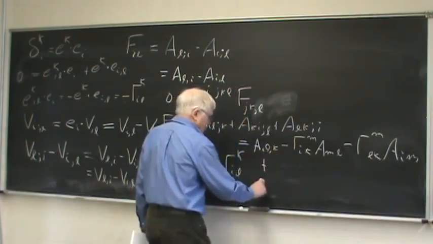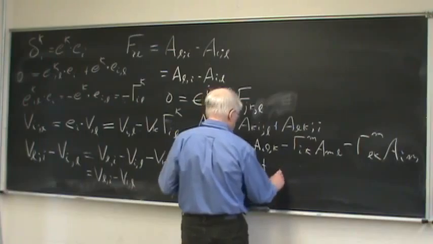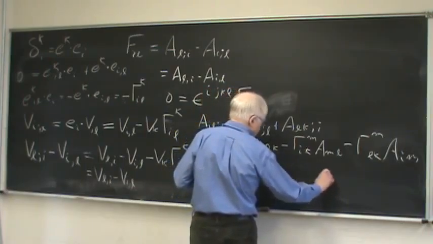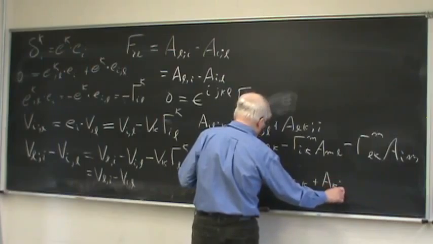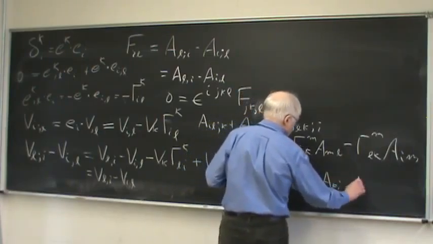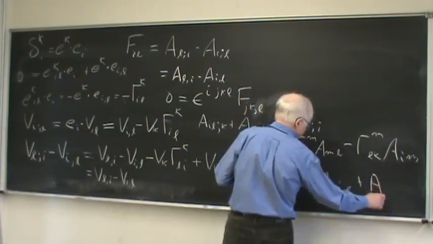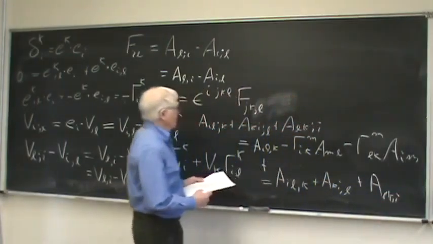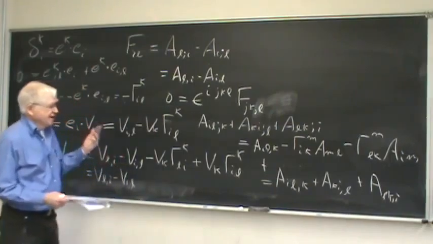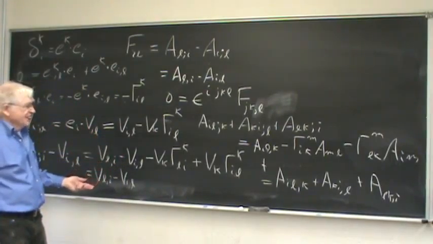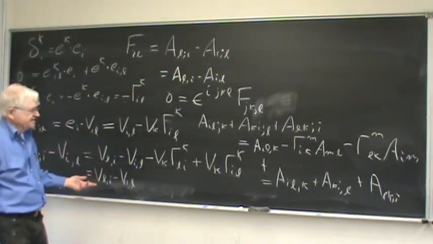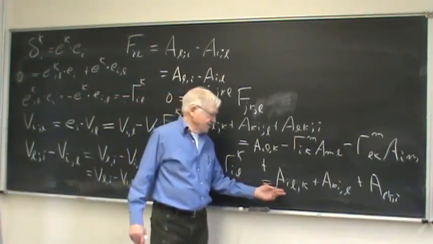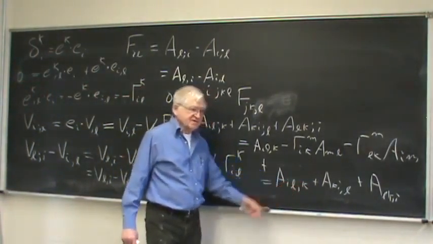You add in all the terms, and what happens is you just have A_iL comma k plus A_ki comma L plus A_Lk comma i. So in other words, the sum of the cyclic combination of the three covariant derivatives of the second-rank covariant tensor is the same as the sum of the ordinary derivatives.